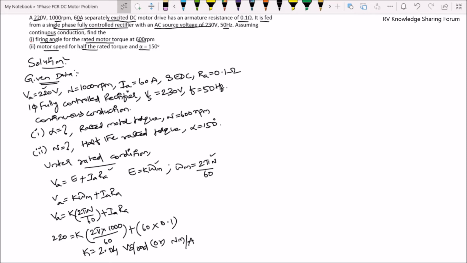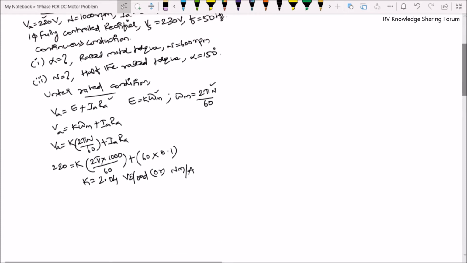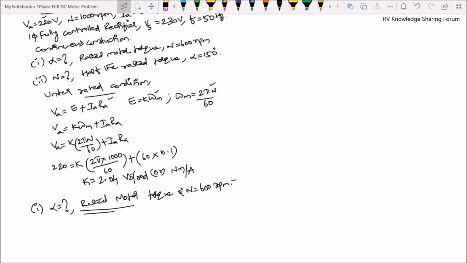So with this K let us find our firing angle alpha and the speed. Now let us solve the first subdivision: we have to find the firing angle alpha under the condition of rated motor torque and a speed of 600 rpm.